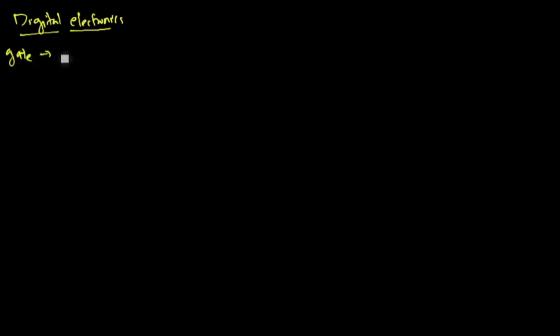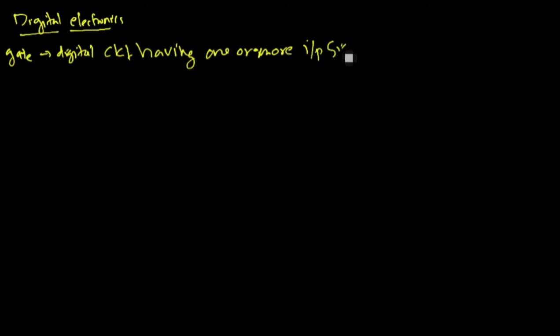So a gate is a digital circuit having one or more input signals and one output signal.